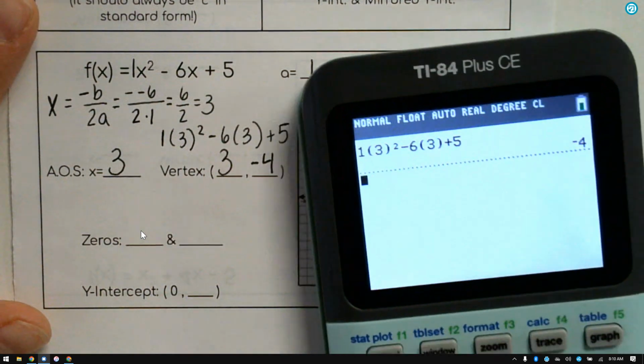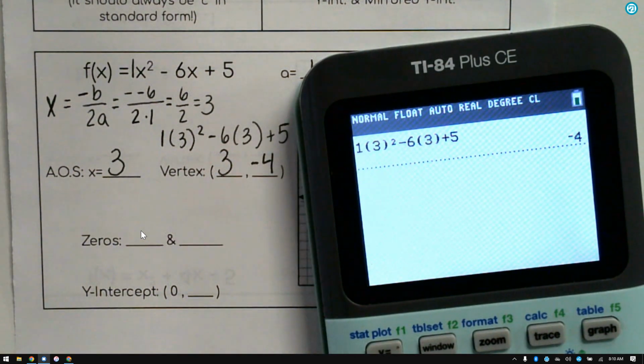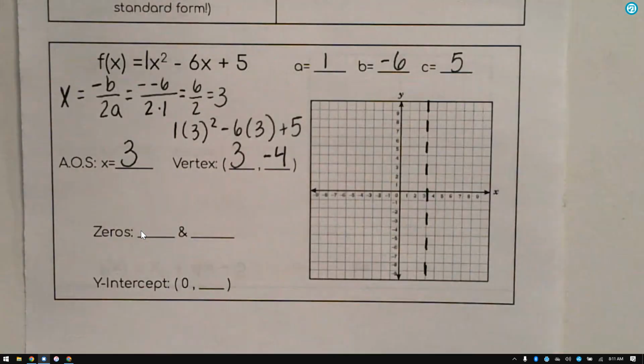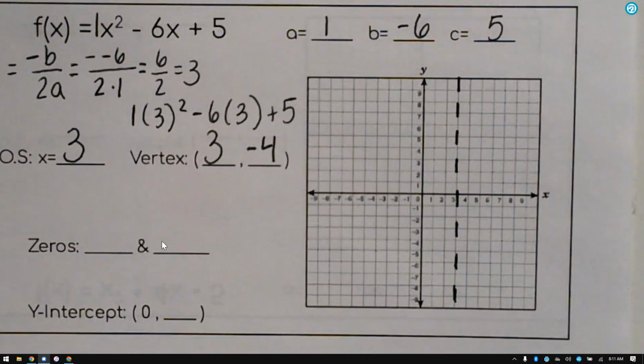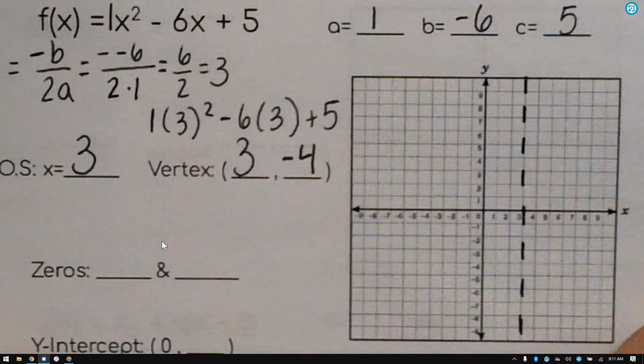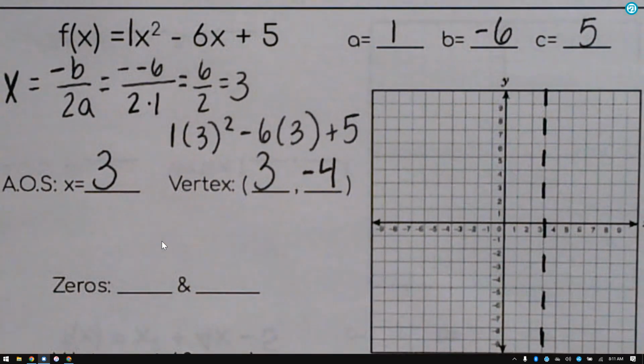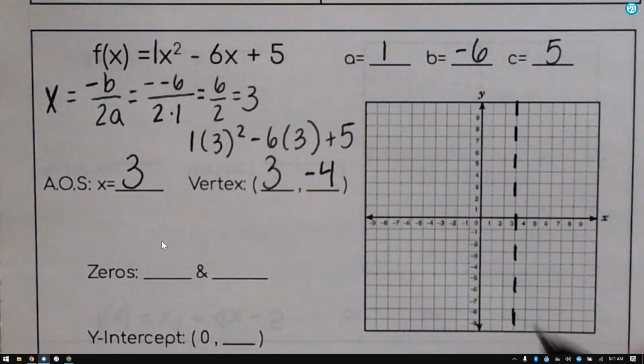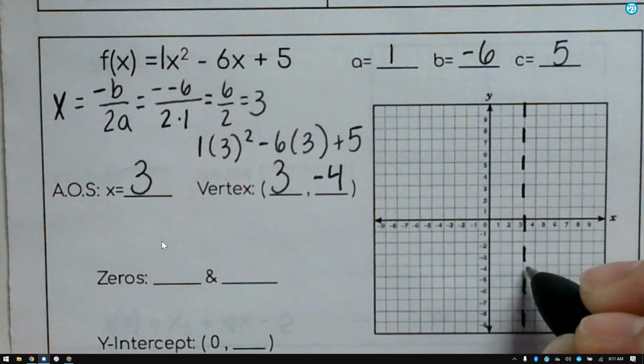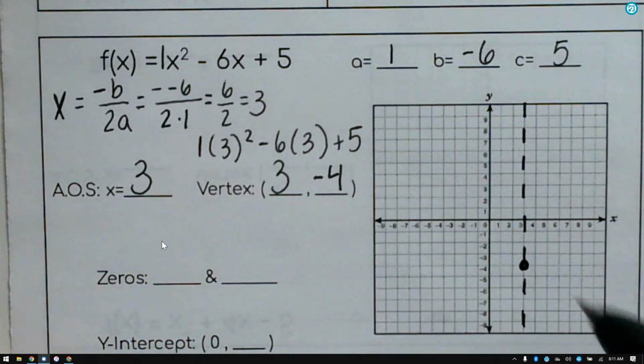So I simply plugged in 3, put it in my calculator. Okay, because we are graphing as we go, we can go ahead and graph that point on our graph. So this means my vertex is at 3, negative 4. So on my graph, I just go over 3, to the right, down 4, put a dot there.